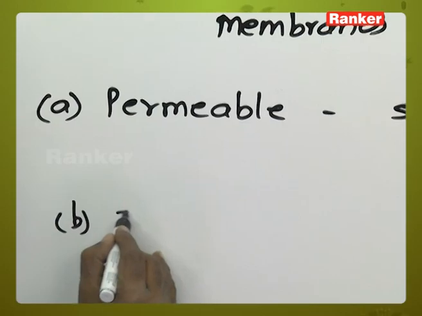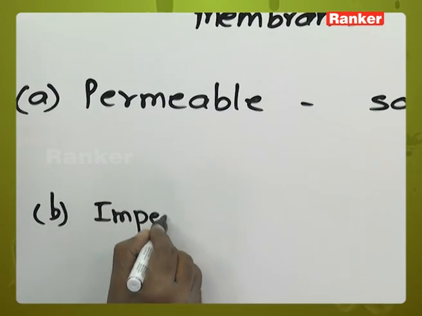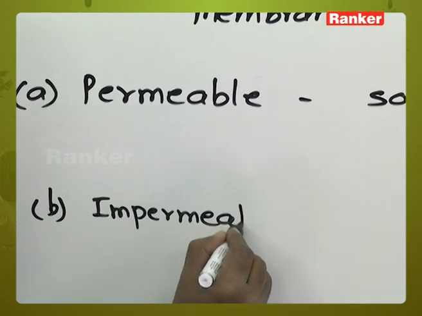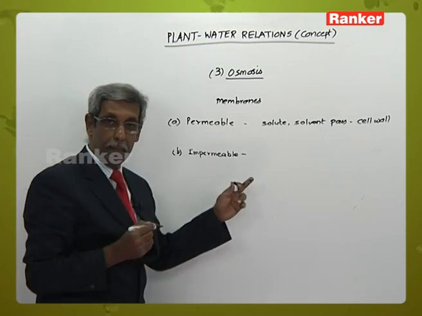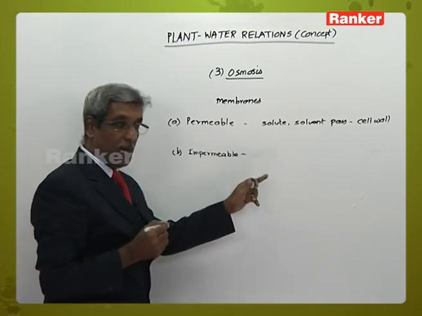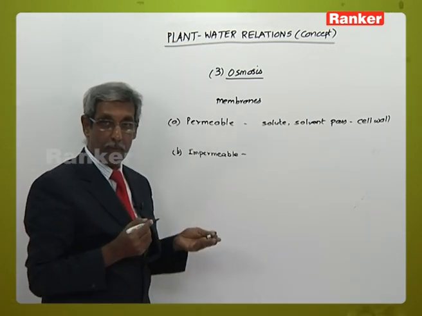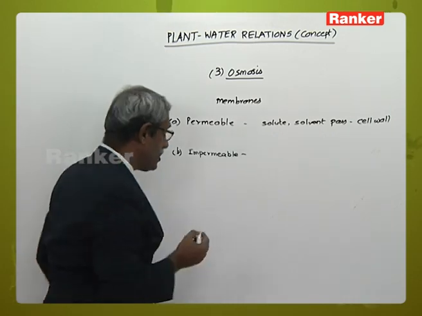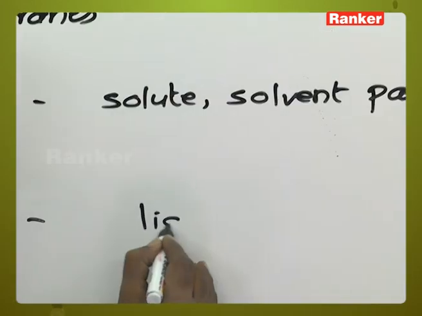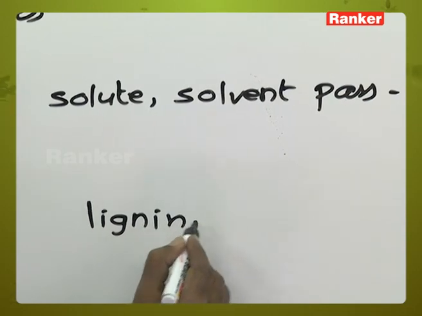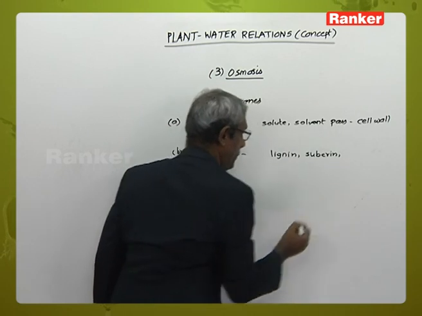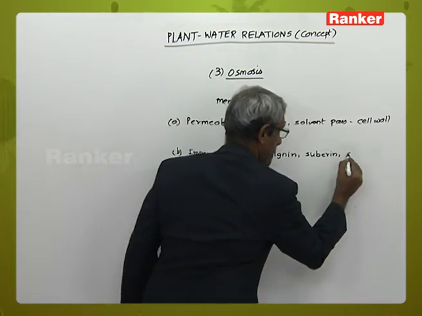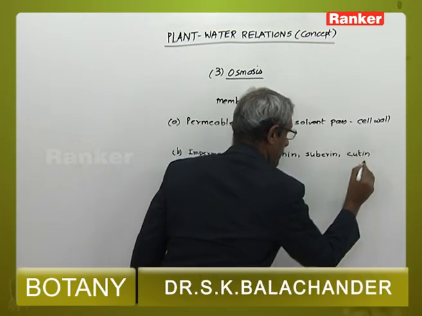Second we have is impermeable membrane. An impermeable membrane will not allow any solute or solvent to pass through it. It is primarily rich in lignin, suberin and cutin.